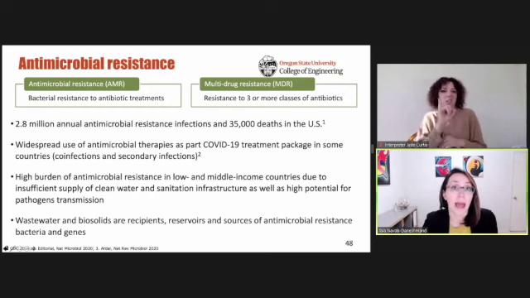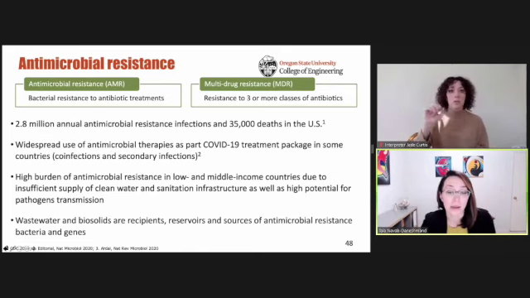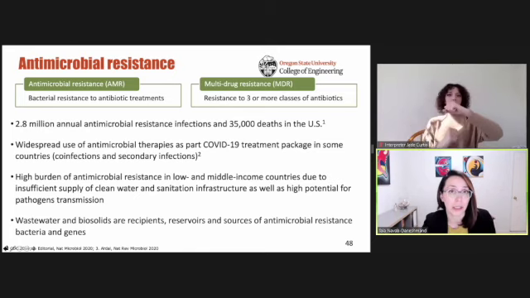Therefore, the pandemic has potentially increased the burden of antimicrobial resistance. The burden of antimicrobial resistance is also disproportionately affecting low and middle income countries and communities. This is mainly due to the insufficient supply of clean water and sanitation infrastructure, but also due to the high potential for transmission of pathogens in these communities.